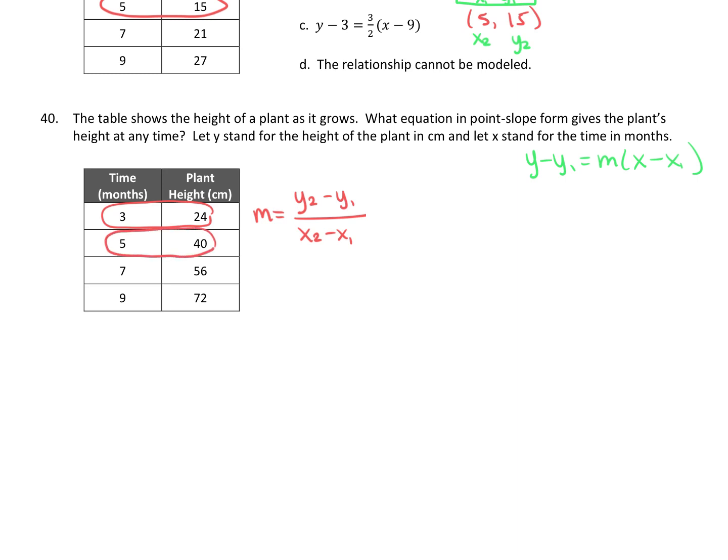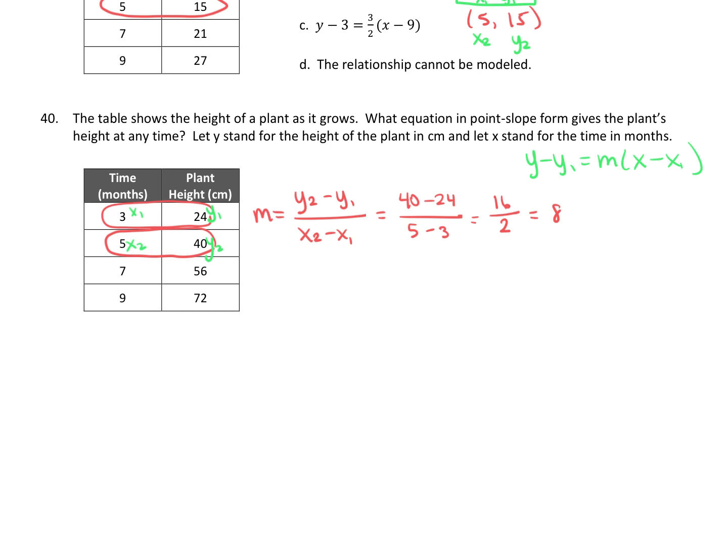Here is our x1, y1, and here's our x2, y2. So I'm just going to go ahead and plug those in. y2 minus y1 is 40 minus 24 over x2 minus x1, 5 minus 3. So 40 minus 24 is 16, 5 minus 3 is 2, and 16 divided by 2 is 8.